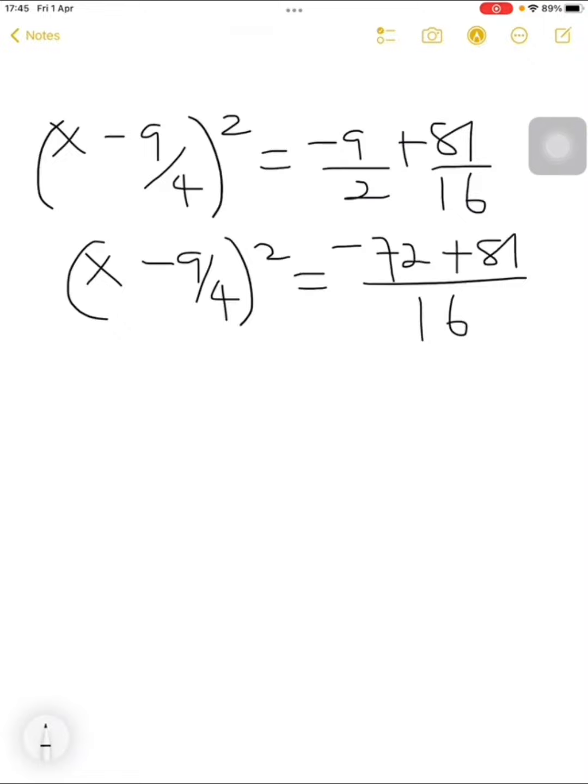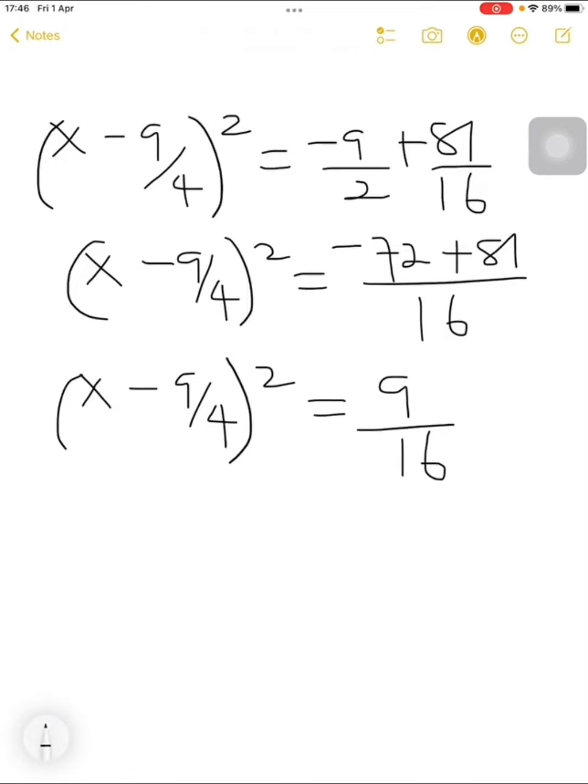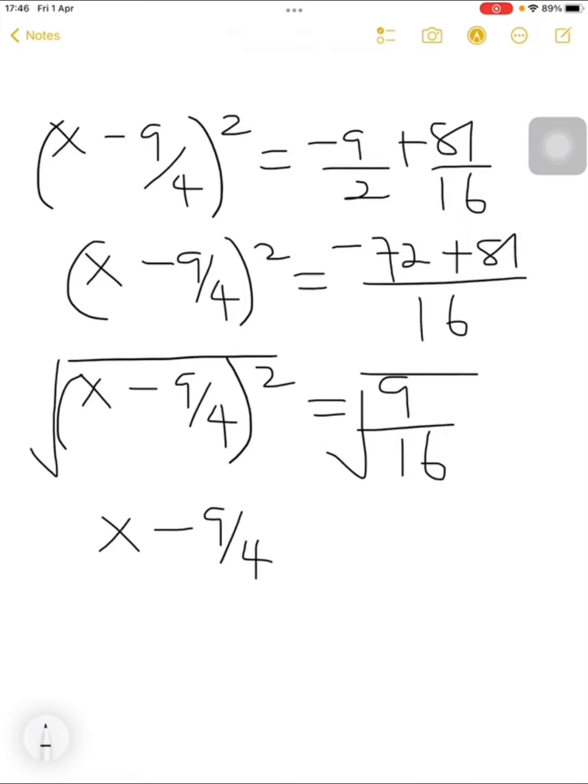This is (x − 9/4)² = 9/16. Get the square root of both sides. x − 9/4 is equal to plus or minus 3 over 4.